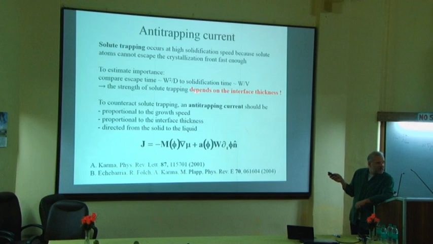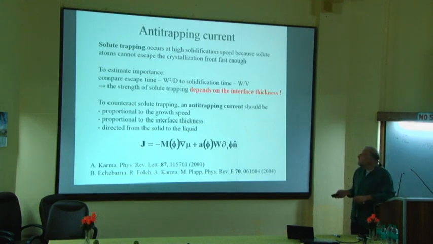W is meters. The solute diffusion coefficient is meters squared per time. So this is the characteristic time that you need to diffuse through the interface. In some sense, this is the time that you need to equilibrate both sides of the interface, because you equilibrate both sides of the interface by exchange of solute atoms, and this happens with diffusion. And then there is a second time scale, which is the time that the interface needs to go forward by once its thickness.